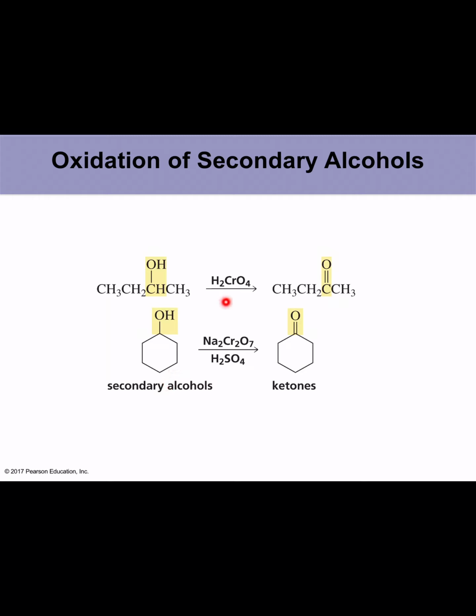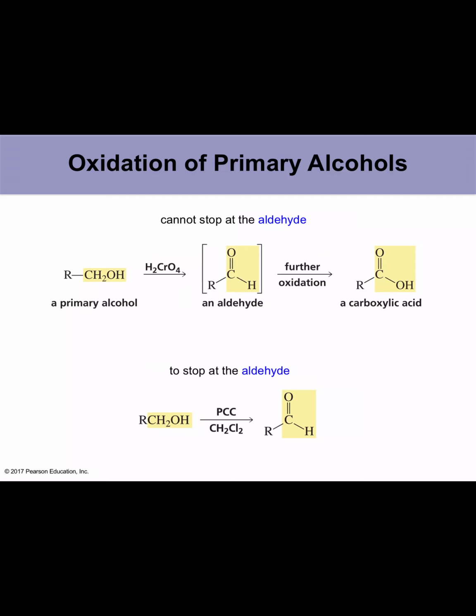So here's a secondary alcohol, here's another secondary alcohol. You can use chromic acid, H2CrO4, or you can use sodium chromate in the presence of sulfuric acid. When a secondary alcohol is oxidized, it forms a ketone, a carbonyl group. OH will become a carbonyl group. So these are ketones.